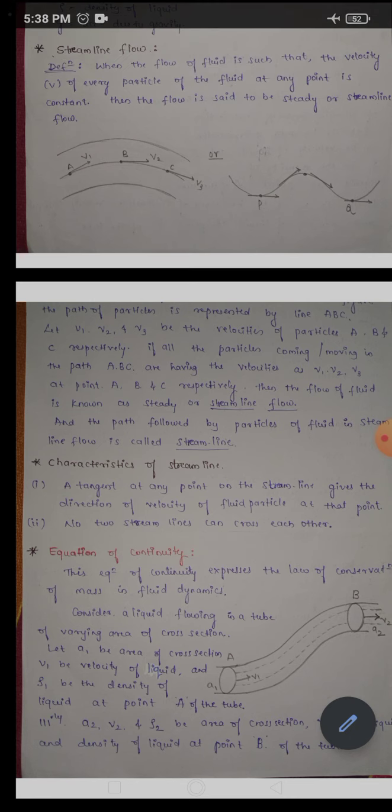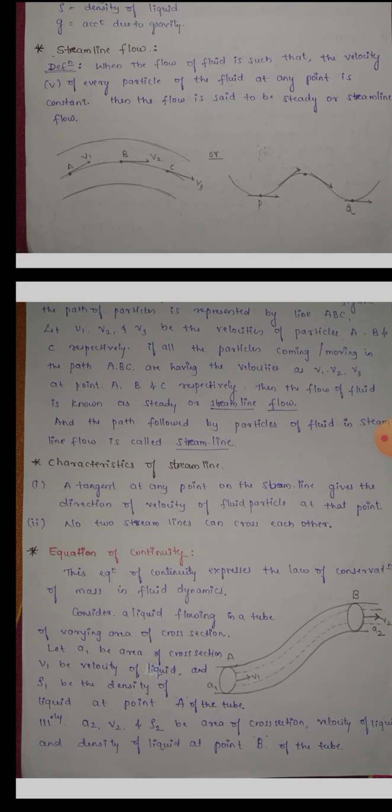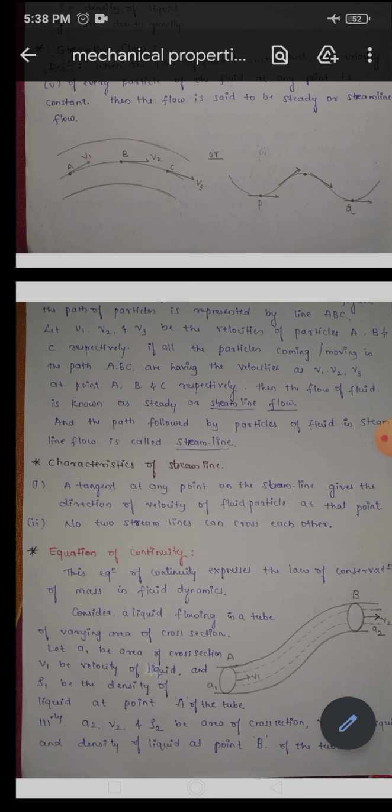See, these are the straight lines which are touching that curved path at only one point. At point P it is touching at a single point, and for Q also. So the tangents we draw on the streamline give the direction of the velocity of the fluid particle.